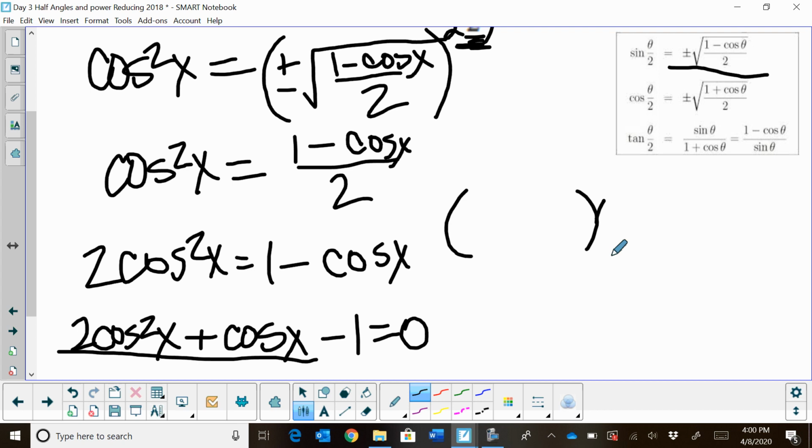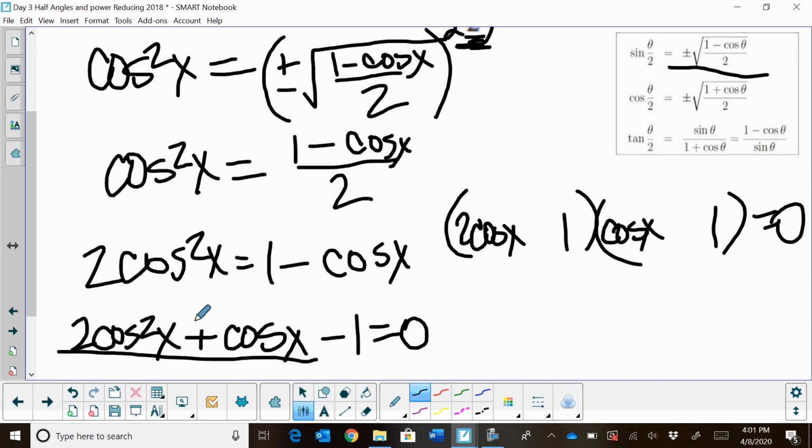The first term is 2 cosine x, so the other must be cosine x because they multiply to 2 cosine squared x. We need a 1 in the back, but one's positive and one's negative. We have a 1 here and a 1 here. We need the larger one to be positive, so the outer would be positive 2x, the inner would be negative 1x to get our positive x, and that's how it's going to factor.